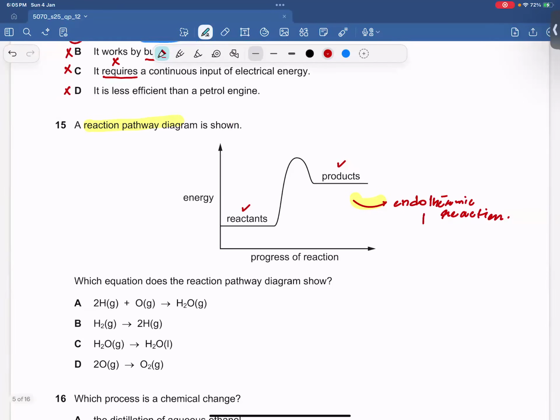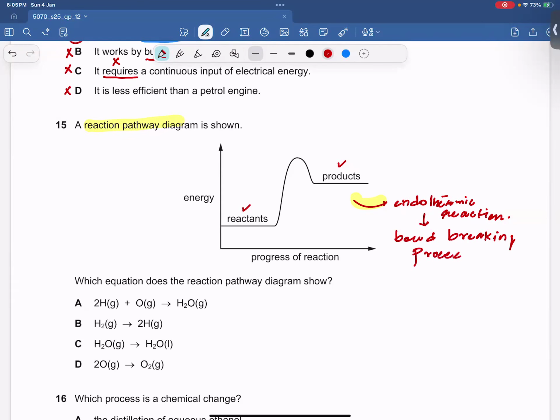It is also called bond breaking process. So, which equation does the reaction pathway diagram show? Which equation shows endothermic reaction? I mean to say, I need to check bond breaking process.